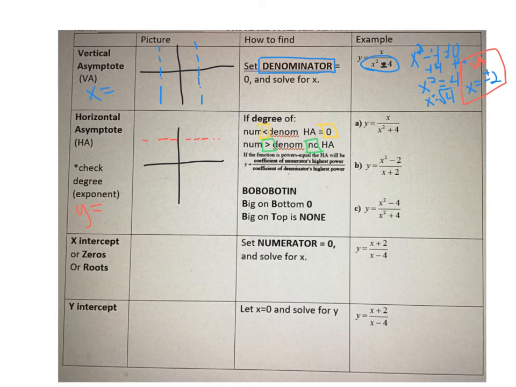So let's look at the first one. y equals x divided by x squared plus 4. All we're looking at is the degree. Is it big on bottom or is it big on top?